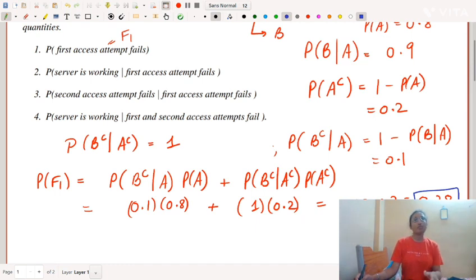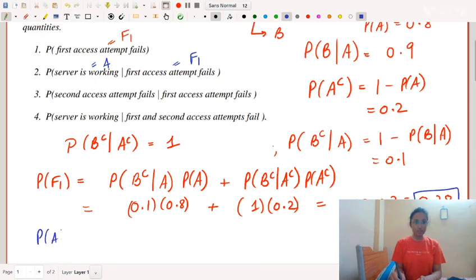Now second, what we have to find is the probability that the server is working given that the first access attempt fails. Alright, so how will we do this? Server is working is our A, first access attempt fails is F1, or you can also say B complement.